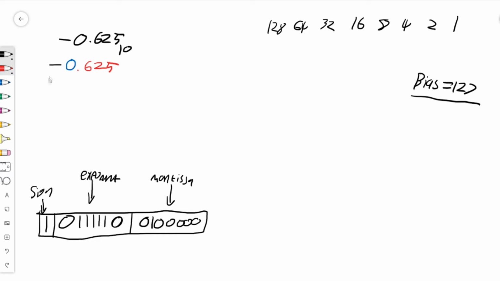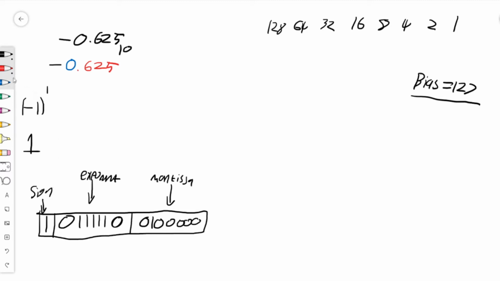Because our number is negative, our sign is -1 to the power of 1. If our sign were positive, it would be 1 to the power of 1. So our sign is -1 to the power of 1, which, as we know, equals -1. That's already the first part of our floating point number calculated.